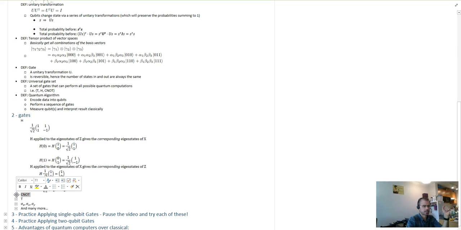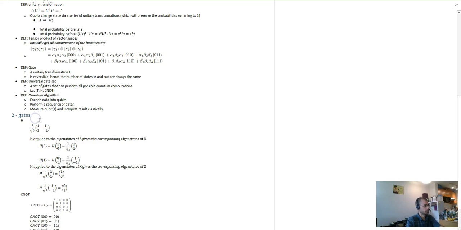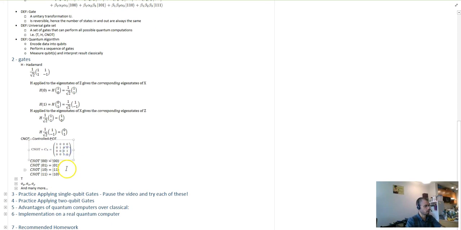All right, this controlled NOT gate. So it looks like this. The first two here, the top part, looks like an identity, and so that's if we have a 0 in the first place.